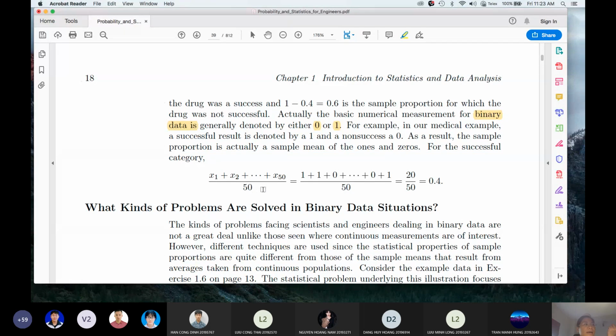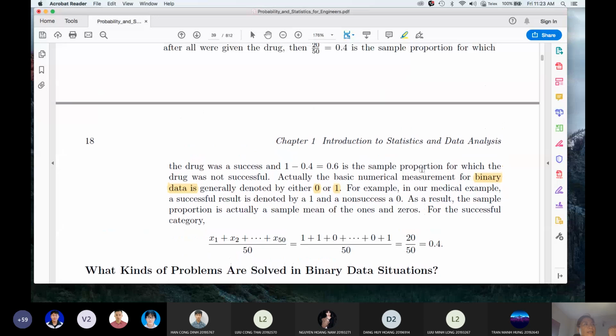The number n is the number of samples, and x1, x2, up to x50 only receive two values: 0 if not passed, and 1 if passed the exam. Then we have the proportion. The sample proportion 0.4 is the probability of success, and 1 minus 0.4 is the sample proportion of not success. Okay.